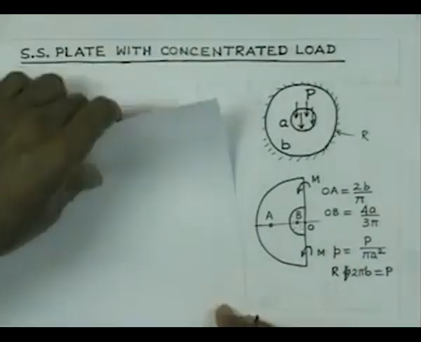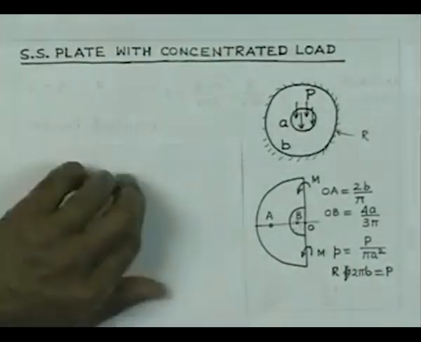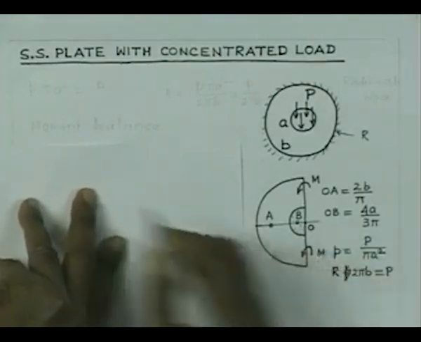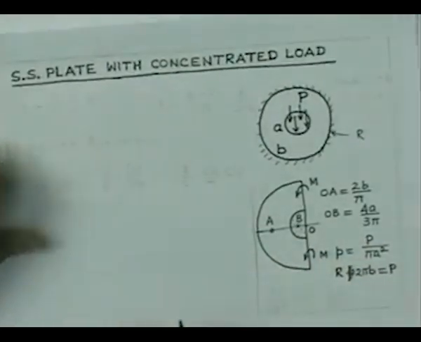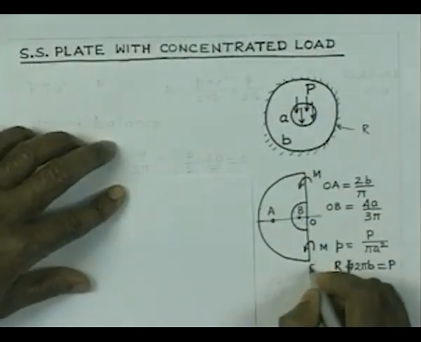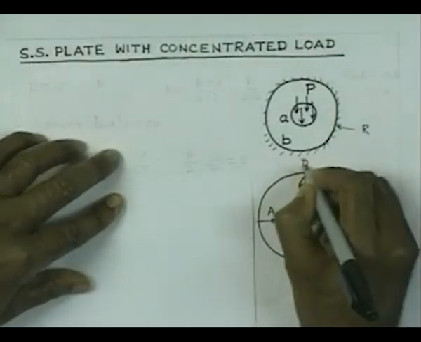Now, we consider the moment balance. This moment balance will now be taken about the diameter, let us say CD.